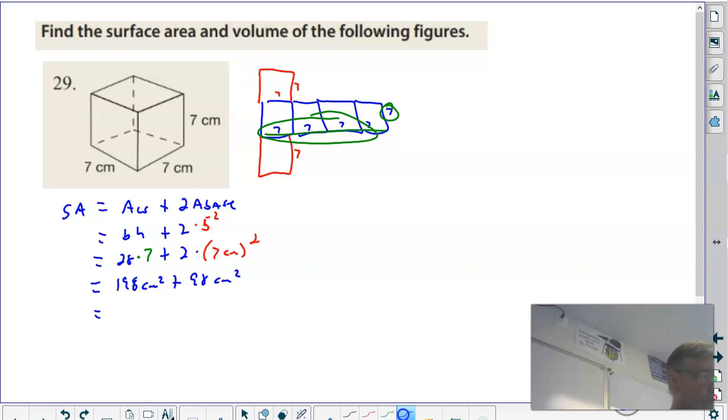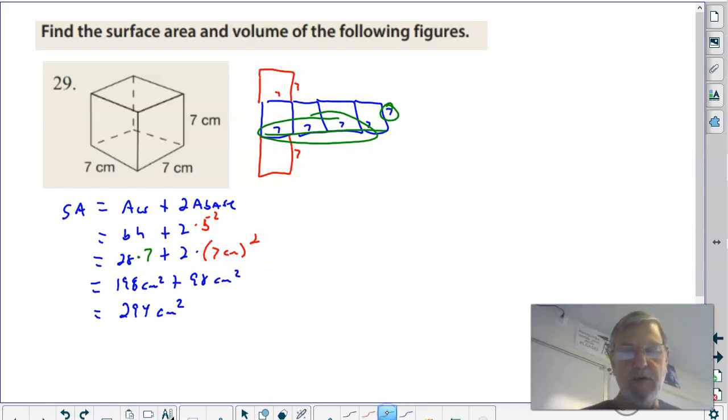So the surface area for number 29 should come in at plus 98, 294. All right, something is a bit off. What, 7, 14, 21, 28 times 7. Let me check my numbers here. Okay, nope, we're good. So surface area 294 centimeters squared.